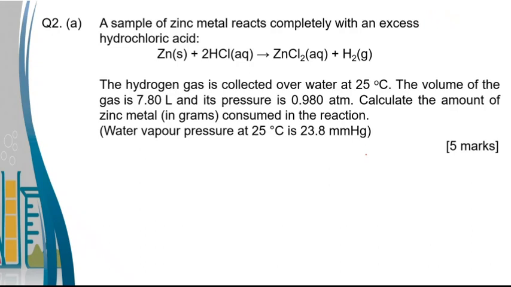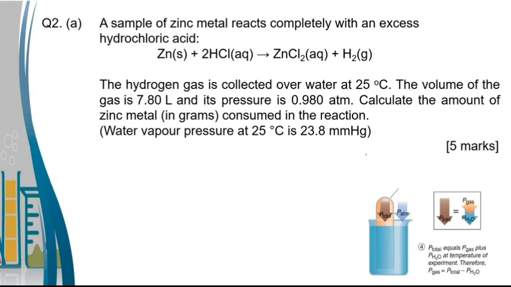All right, so this is a diagram. When the gas is collected over the water, that means the pressure inside the vessel is not only the gas itself. It's a mixture of gas, that means it involves the hydrogen gas as well as the water vapor, H2O.